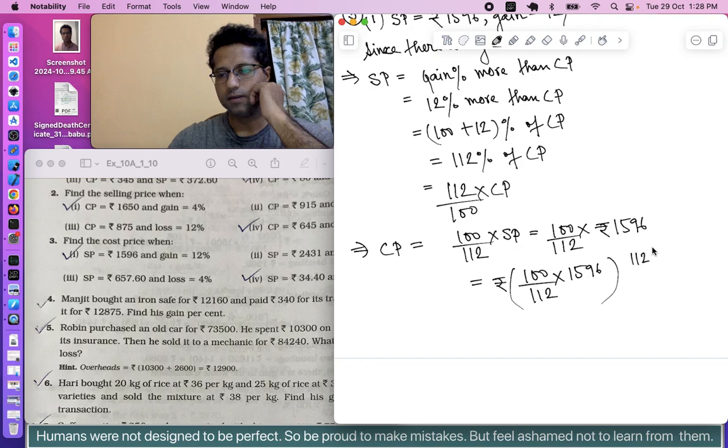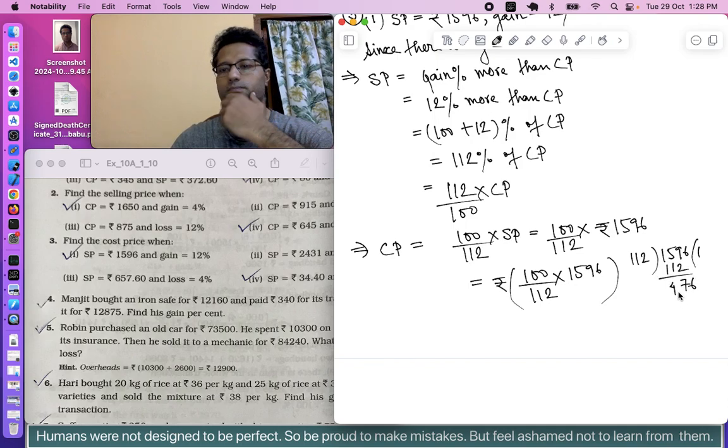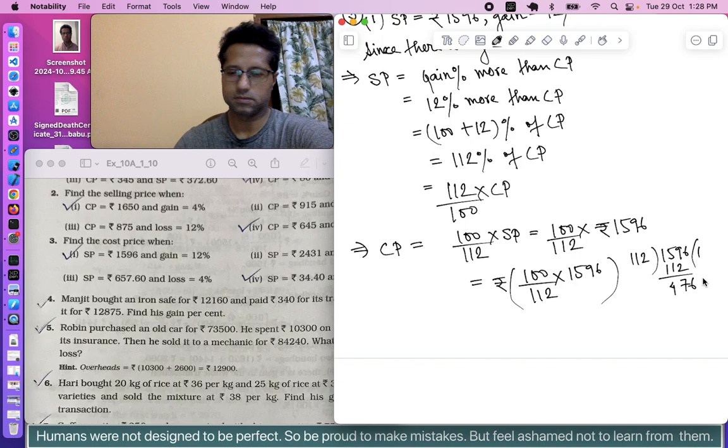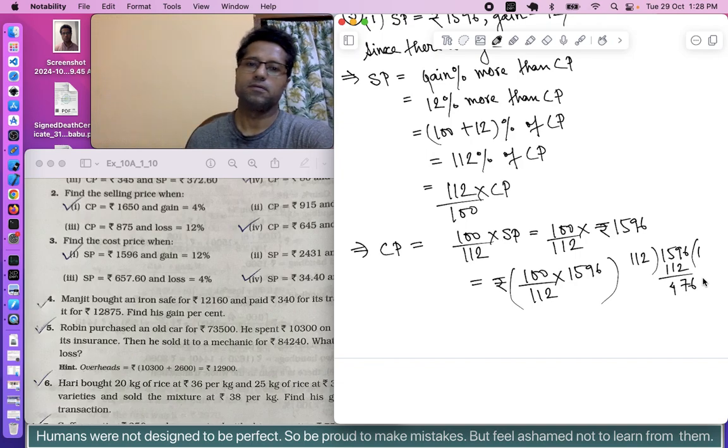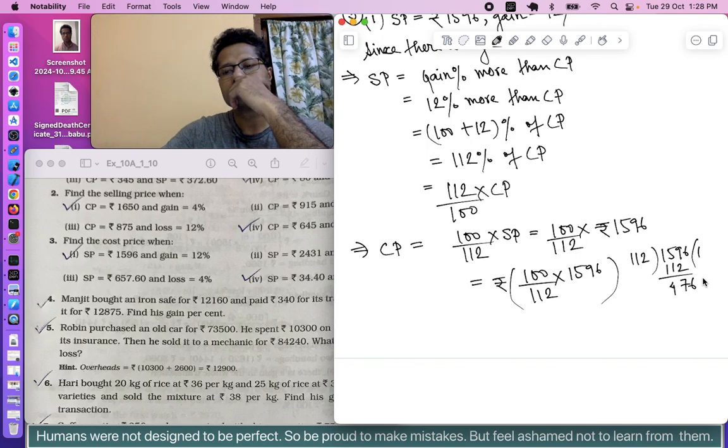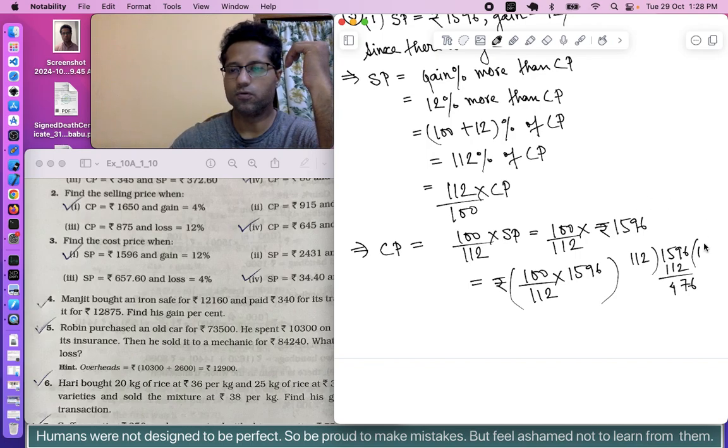Will 112 divide 1596? 112 times 1 is 112, 7 4 6... No. One 596 again. 7 4, 476, 3 6, 3 4 8, 4, 448.